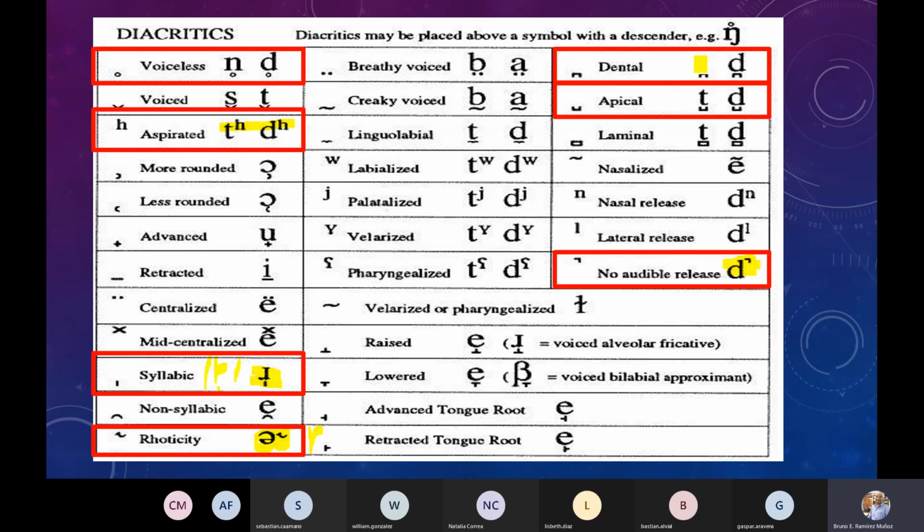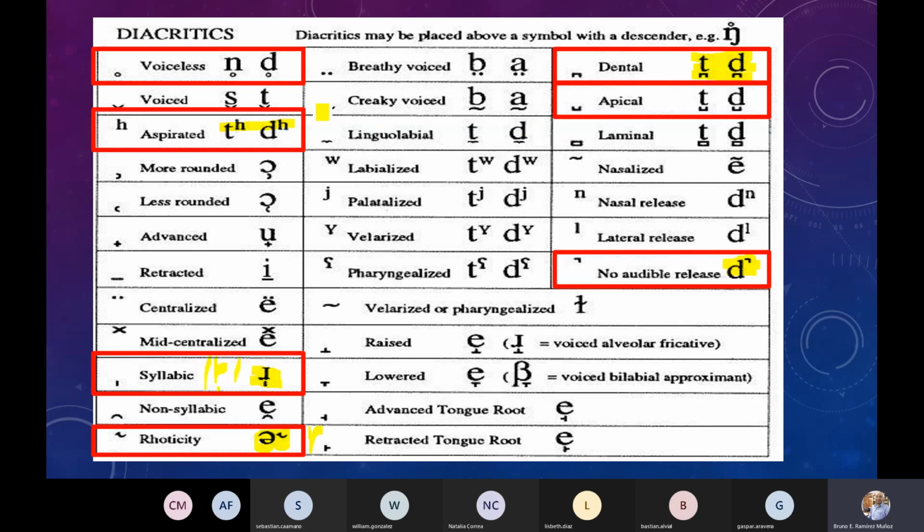And maybe if you're able to use this one, the dental diacritic symbol, that is used when these plosive sounds go before an interdental, they become dentalized consonant sounds, not alveolar, but the influence of these interdental sounds lowers the tip of the tongue, not touching the alveolar ridge, but being placed before the upper teeth.